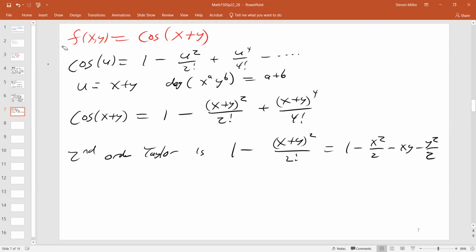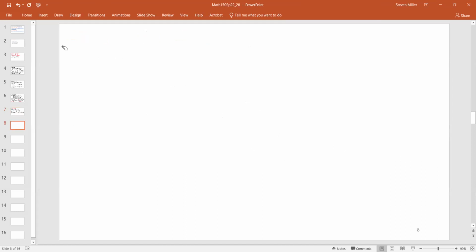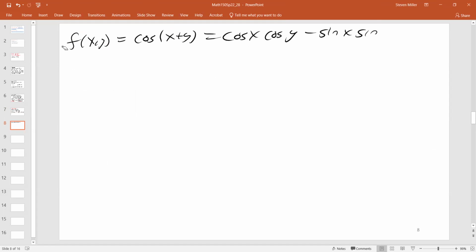Who wants to see a really bad way to do this problem? Here's a bad way. Well, f of x, y is cosine of x plus y, which is cosine x cosine y minus sine x sine y.